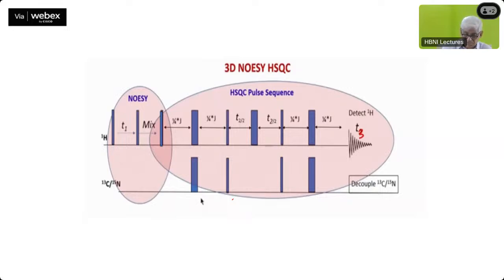So this is systematically incremented, this is systematically incremented, and this is the detection period. So you get a 3-dimensional experiment where you have made use of the NOESY mixing as well as the HSQC mixing. And of course, when you are doing this, you can decouple carbon 13 and 15.